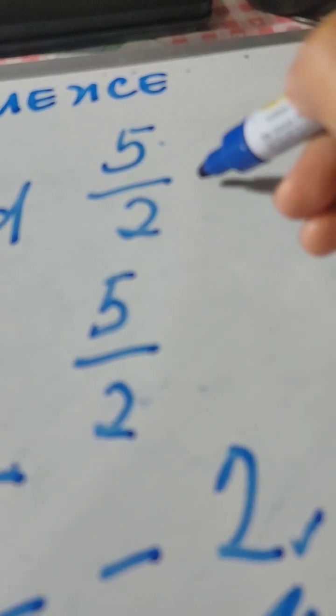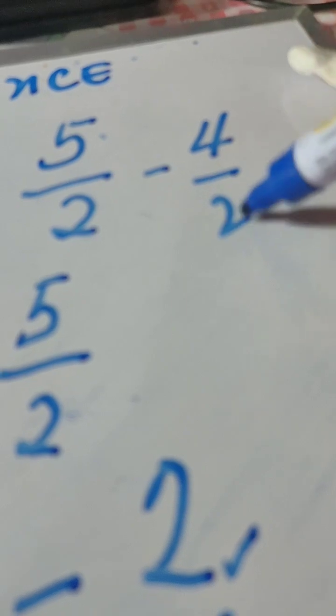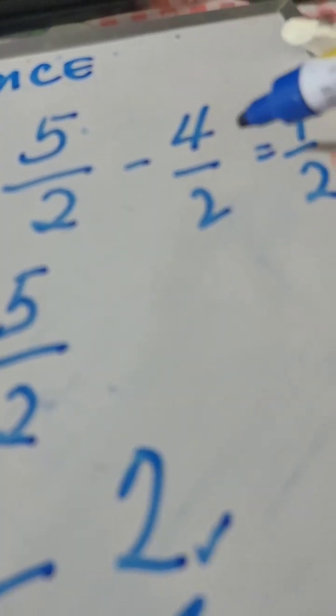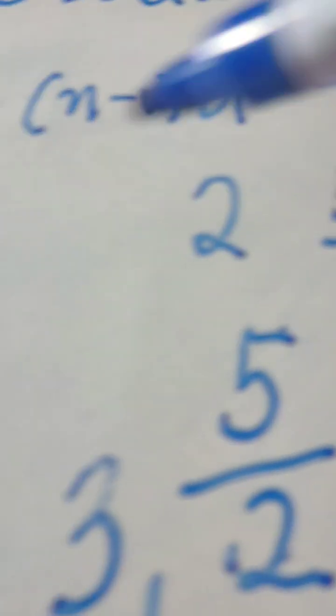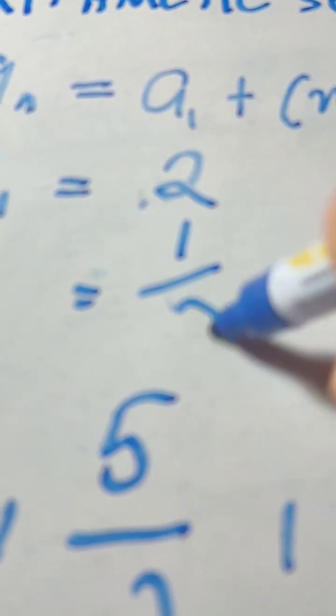So 5 halves minus 4 over 2 is equal to 1 half. Okay? 5 minus 4 is 1. Then copy the common denominator, that is 2. So our common difference d is 1 half.